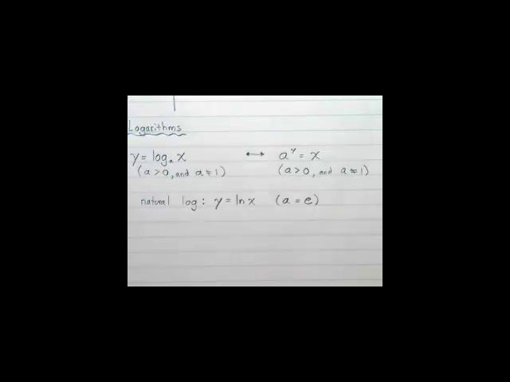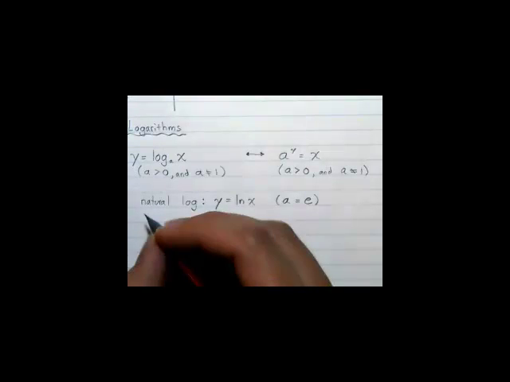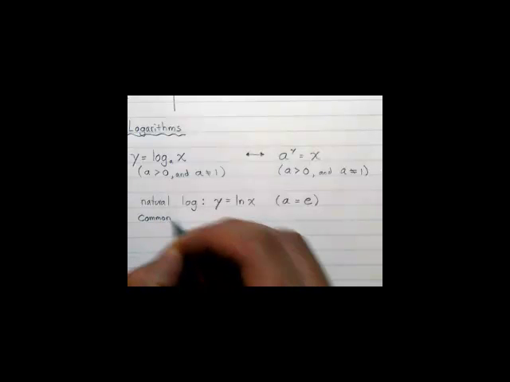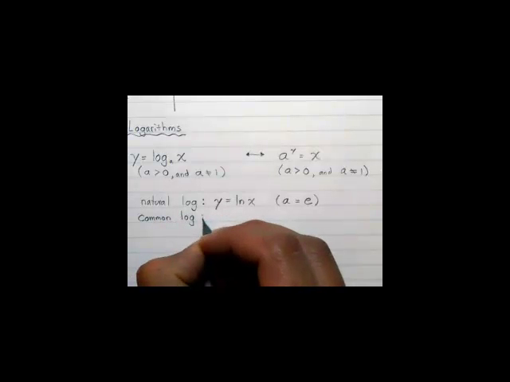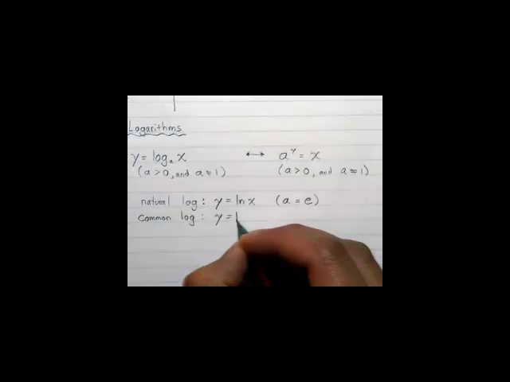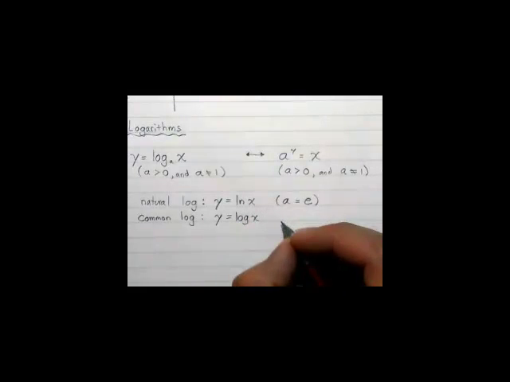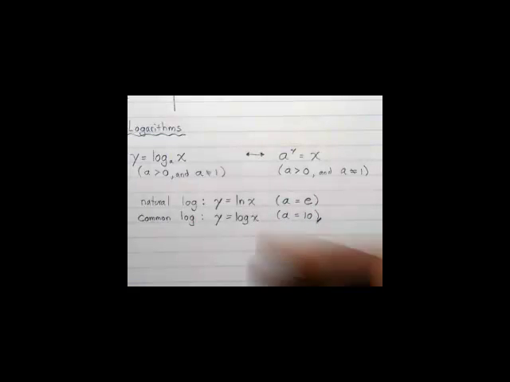That's one that we'll use quite often. And we also have what's called a common log, which just looks like this with no base, log x. And in that case, the base a is equal to 10. So, like I said, you've seen those before, but just to do a little refresh here for you.